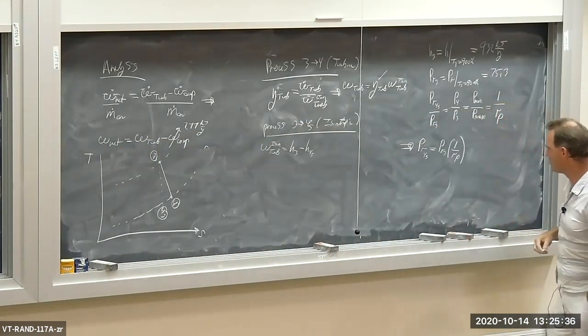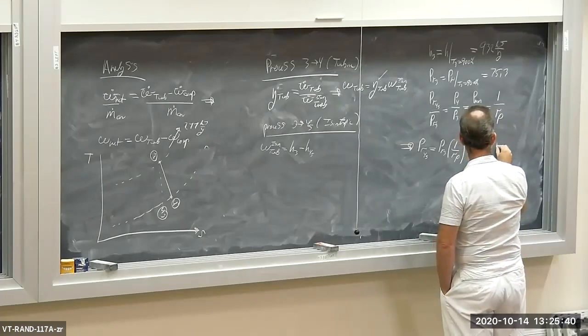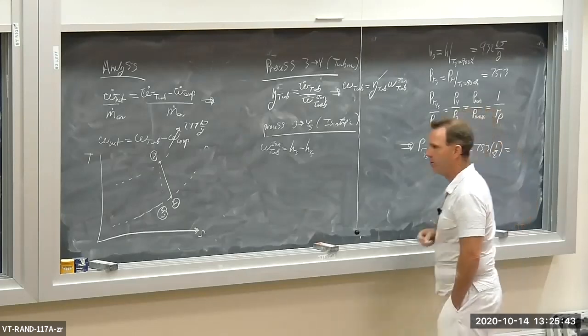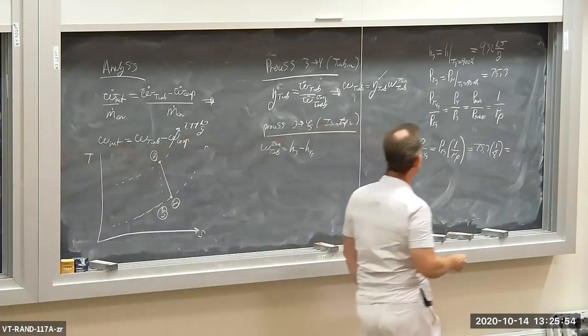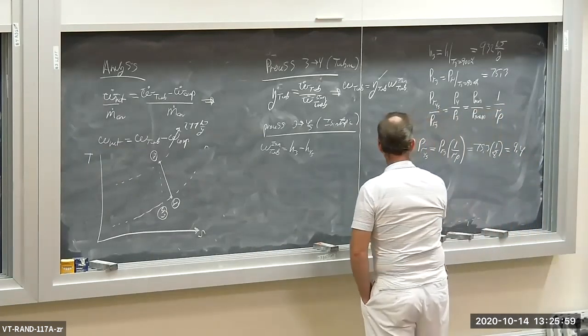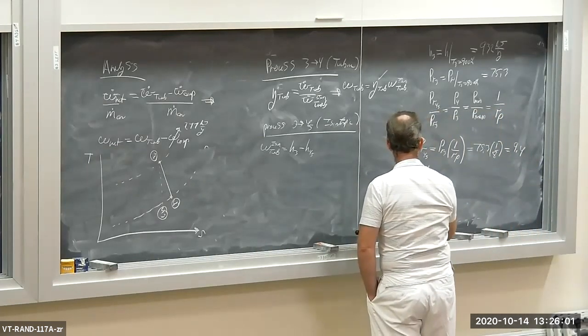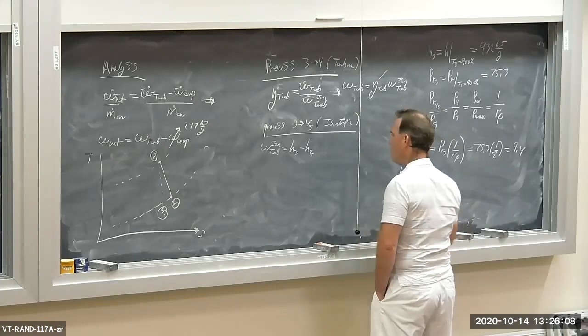So I get 75.3 times 1 over 8. Let's divide that by 8, and I get PR4s equal to 9.4. So H4s is H evaluated at PR4s, which is 9.4.